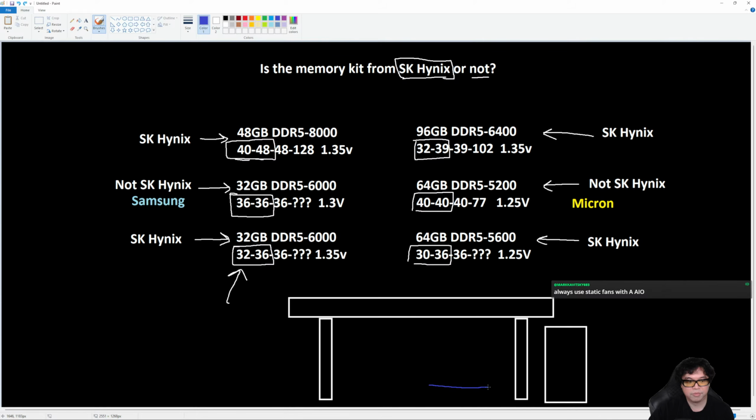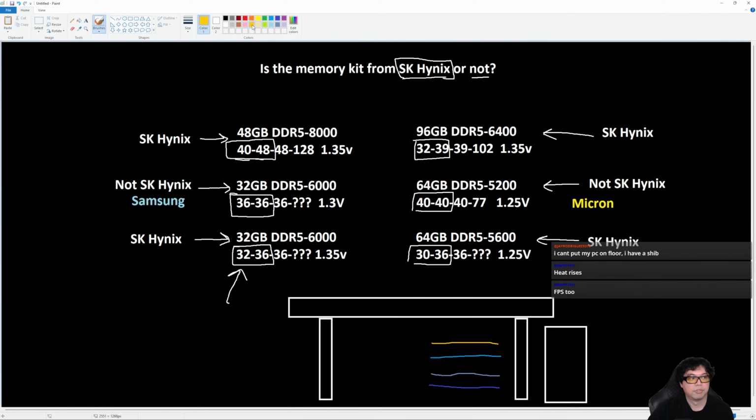Let's put it over here. Colder air. As you go up, the temperature of the air will rise. This is the basic laws of thermodynamics. Temperature rises the higher up it is.